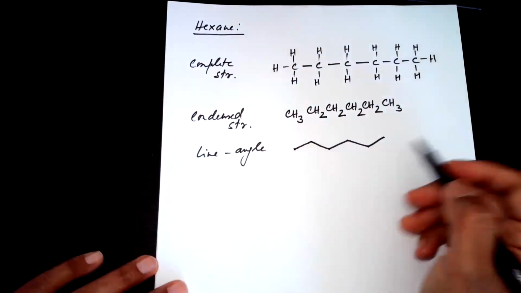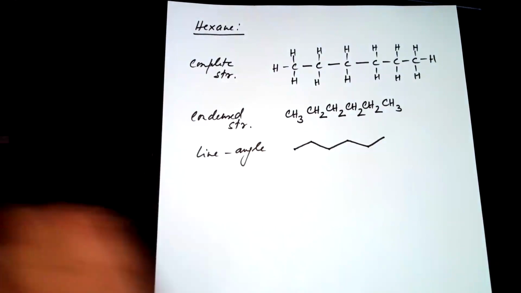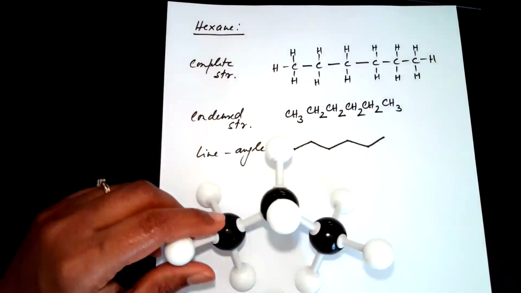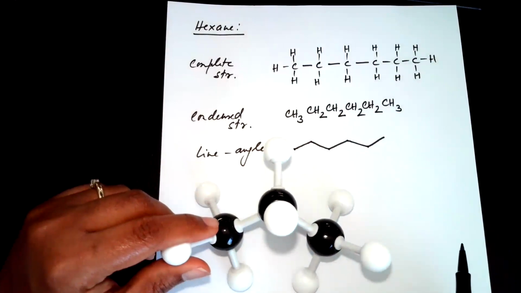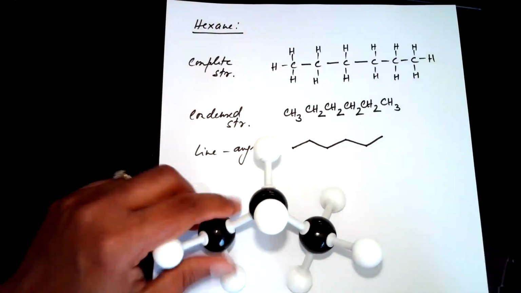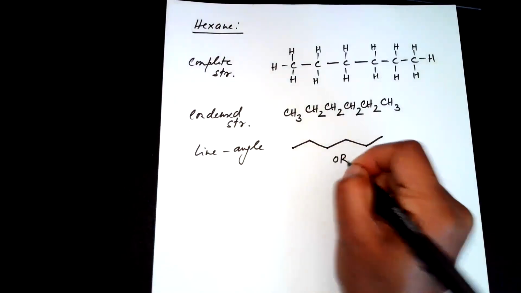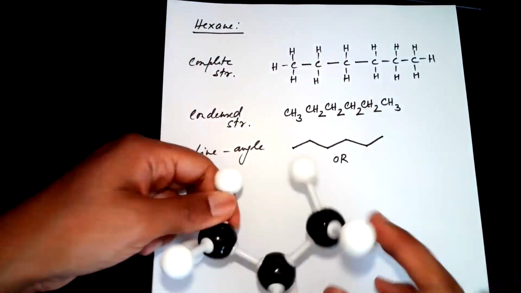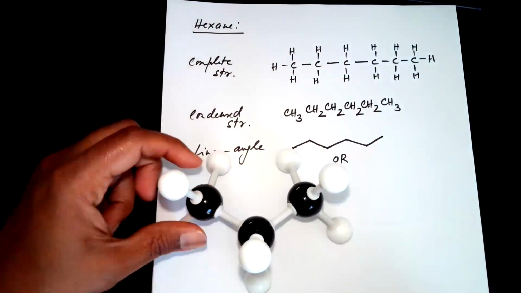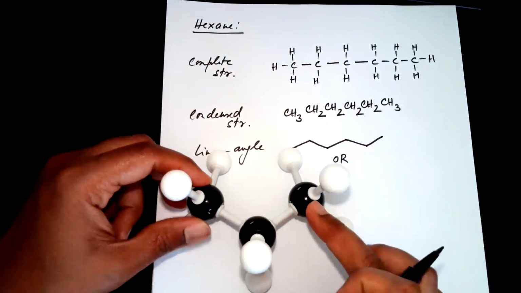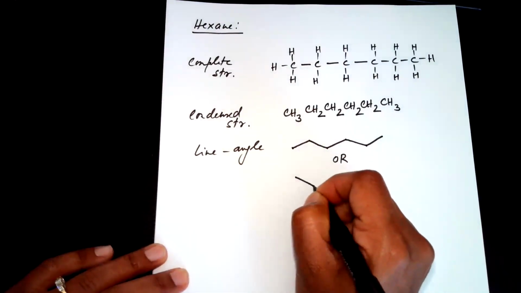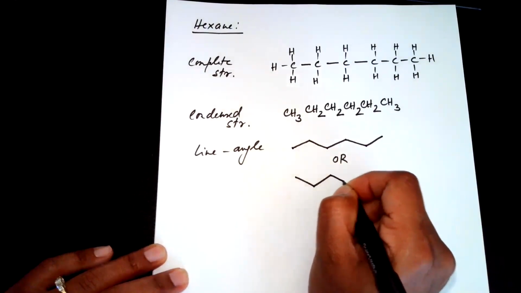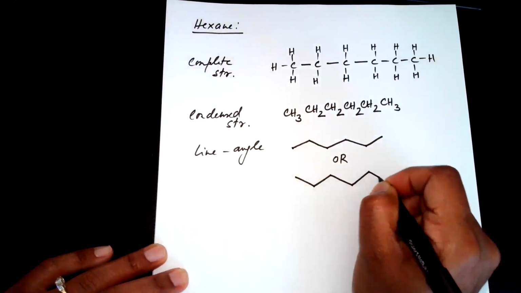All these are tetrahedral, so these would be in that zigzag pattern. If you had 3 more here, so 1, 2, 3, fourth one would be here, fifth would be here, sixth would be here. Or you could have done the opposite way. So I could have started here, gone down, then gone up. Both are correct. So this is carbon 1, carbon 2, carbon 3, carbon 4, carbon 5, and carbon 6.